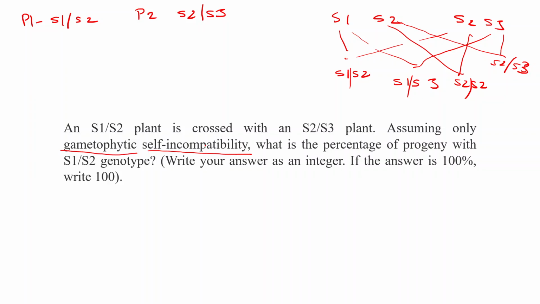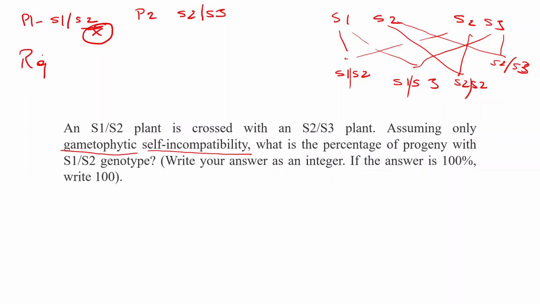So what happens? The rule is pollen is rejected if its haploid S allele matches either allele of the stigma. Okay, so pollen here has S1 and S2 and stigma has S2 and S3. That means S2 pollen is rejected. Remember, we have to reject the pollen and not the egg. Rejection is pollen specific and not egg specific.